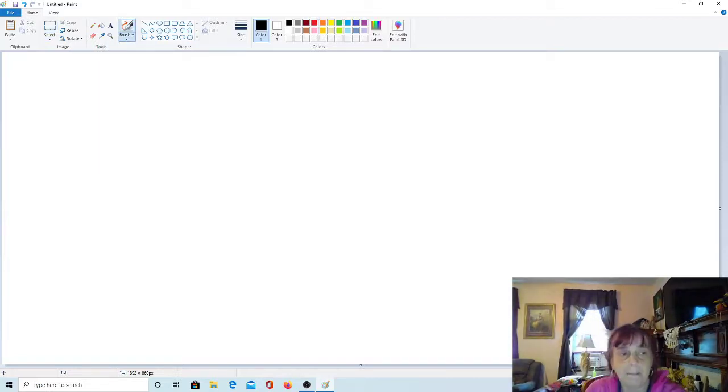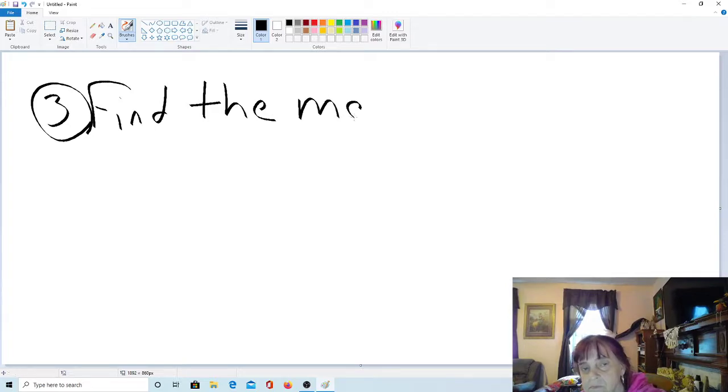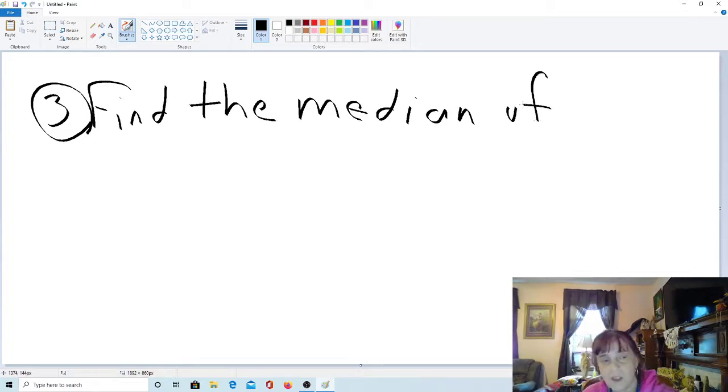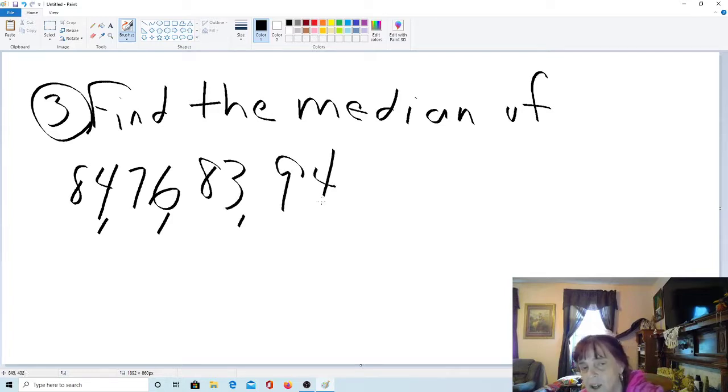Find the median. Okay, you have 84, 76, 83, 94, 84.